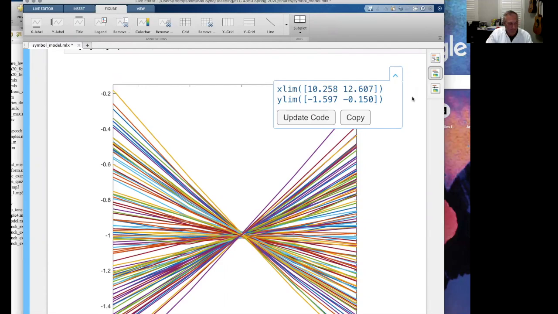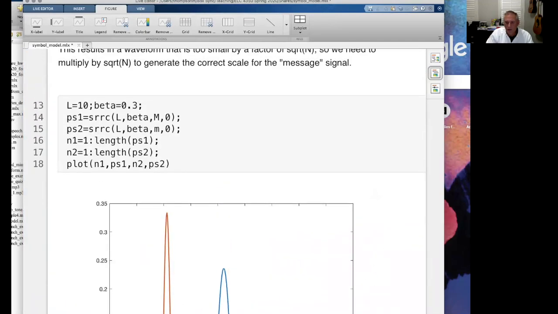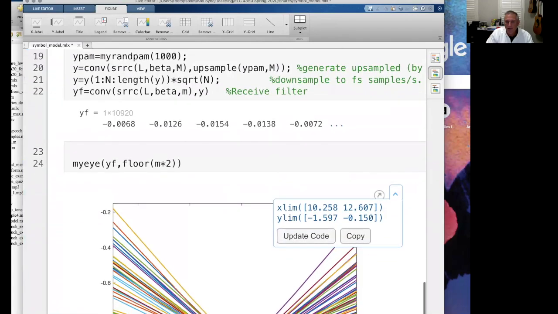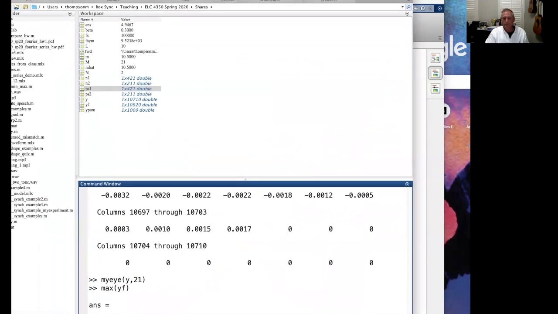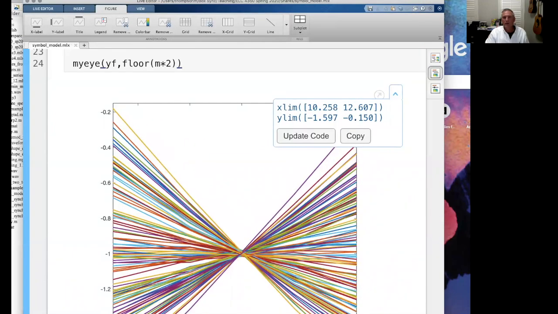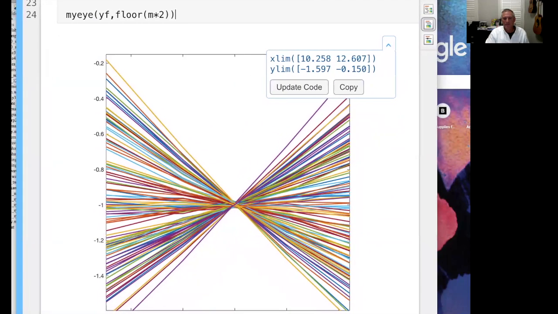Unstick that. Escape. I just want to go down any further, so let me move the whole screen up. Sorry for the technical problems.